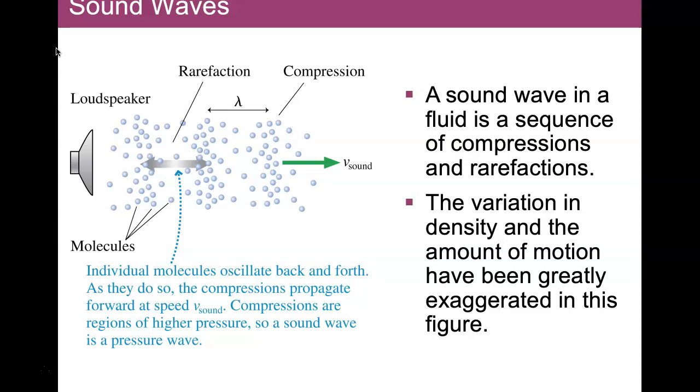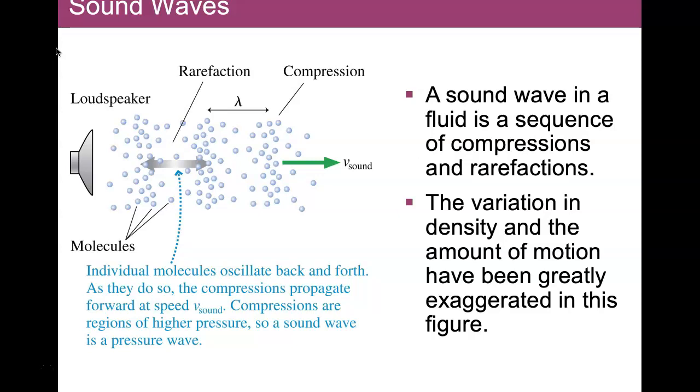And again, one can think of the density as the analog of displacement, right? So if you had a wave on a string, you had this transverse displacement, and that was a sinusoidal function of position and time. We can have a similar story.